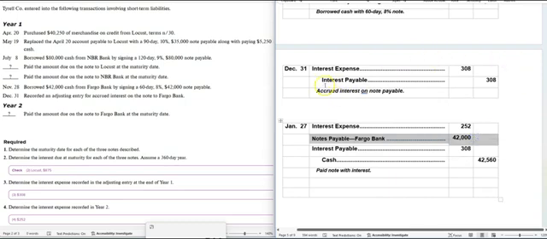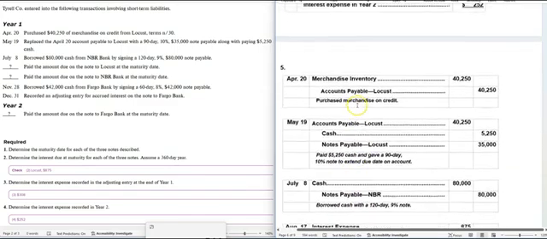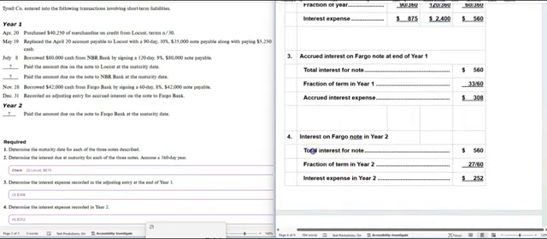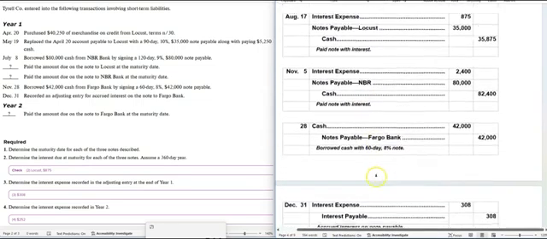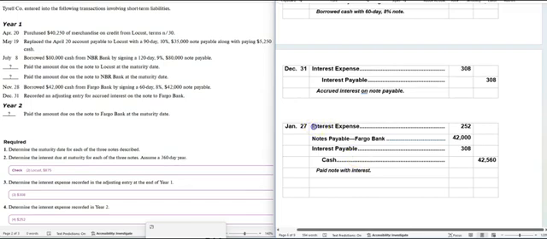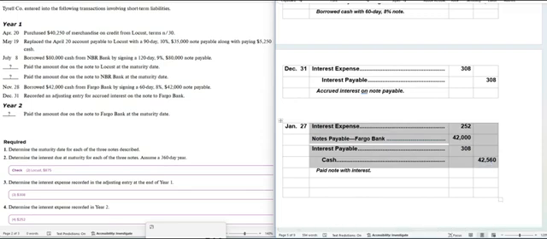We are also going to pay off the liability for last year's interest, so that liability will decrease with a debit as well. We record the interest incurred for January 1st through January 27th of $252. So recording another $252 worth of interest incurred this year. Total cash paid $42,560.